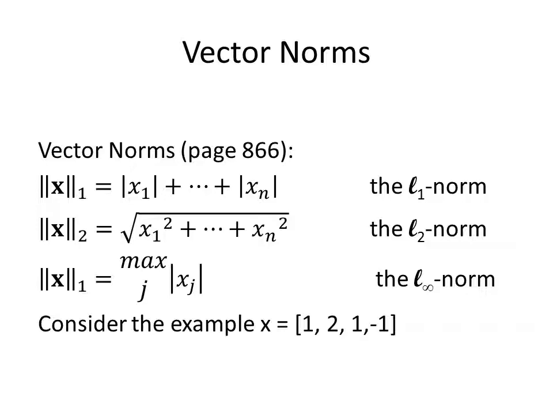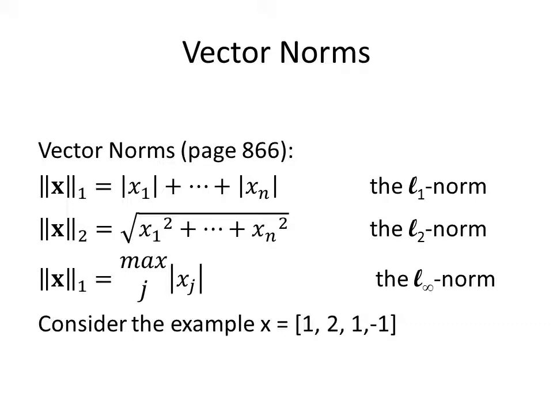So when we look at the example of the four-dimensional vector 1, 2, 1, minus 1, to calculate the L1 norm, we would simply sum the absolute values. So we would have 1 plus 2 plus 1 plus 1, or an L1 norm of 5. For the L2 norm, we would take each of the terms and square it.